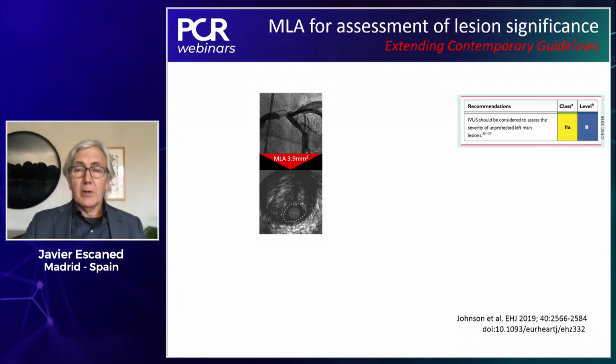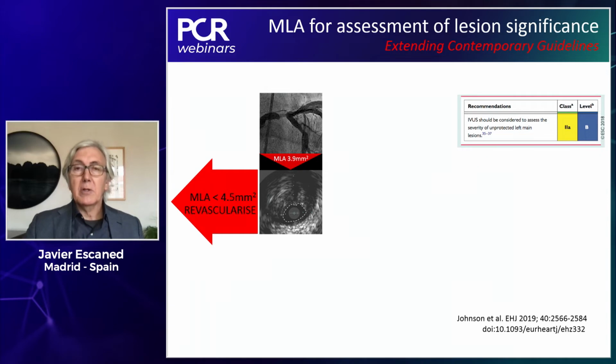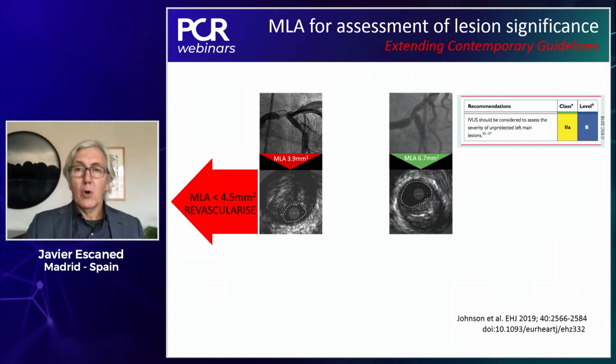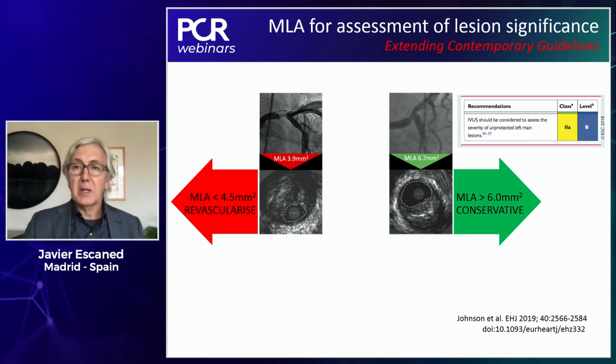Now, this is a very important message coming from the EAPCI document on the use of intracoronary imaging. Actually, Tom Johnson is the first author. Basically, from a practical perspective, the recommendation that we have now is that if your minimal luminal area measured with IVUS in the left main is less than 4 millimeters squared, or if the minimal luminal area is more than 6 millimeters squared, then you have already evidence as to whether to defer or treat the stenosis in the left main.